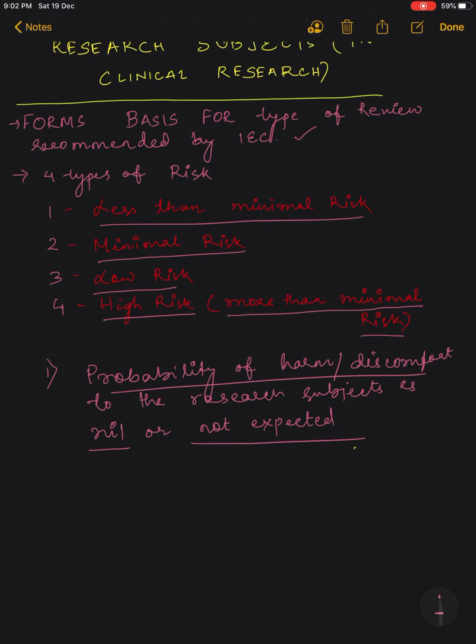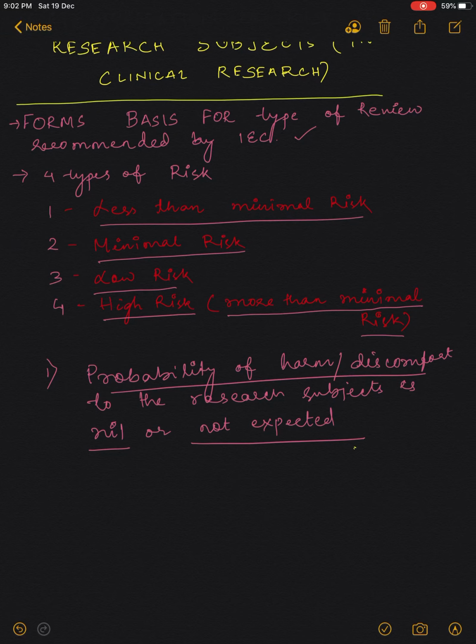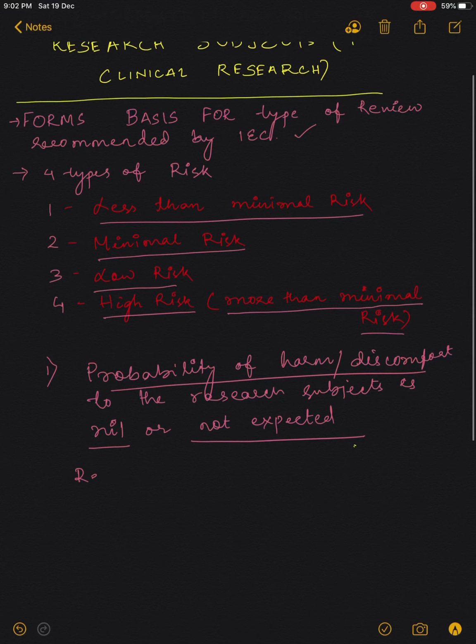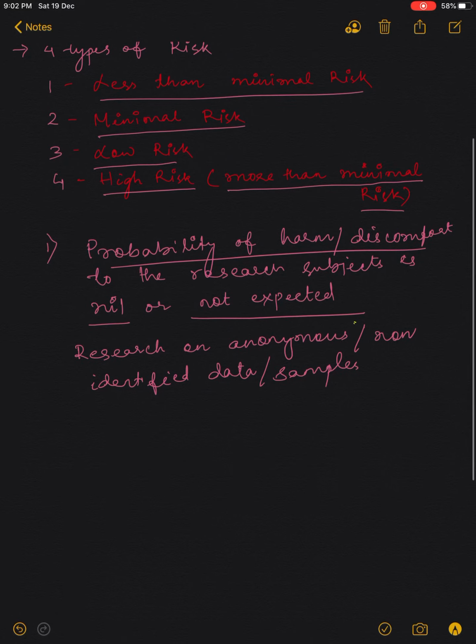So what are the examples? The examples are research on anonymous or non-identified data or samples, or research on data already available in the public domain.